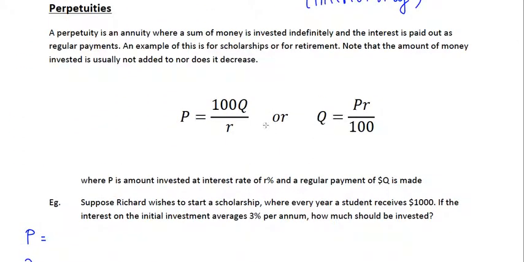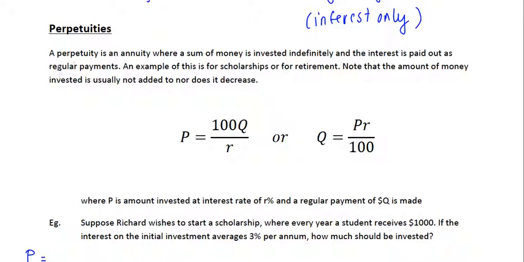The last thing I want to look at is a perpetuity. A perpetuity is a type of annuity, but perpetuities will last forever or last indefinitely. The reason is, when you open a perpetuity, the regular repayment that you get, remember annuities have a repayment or a withdrawal, so money that you're getting from the bank.